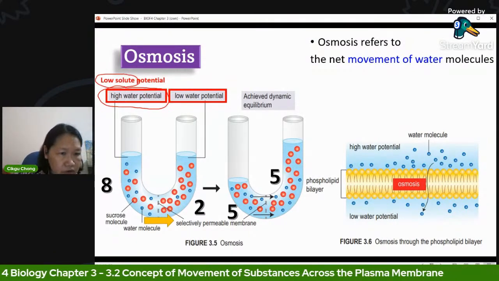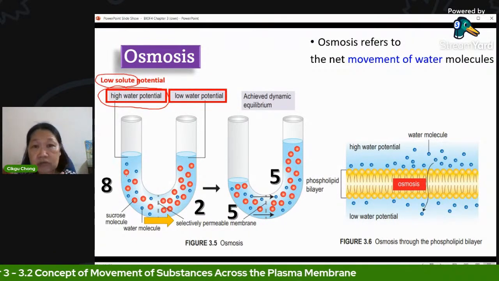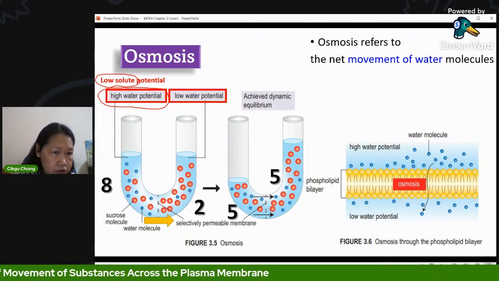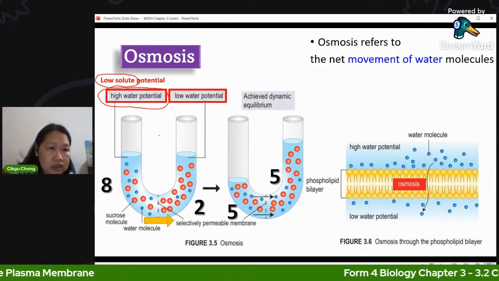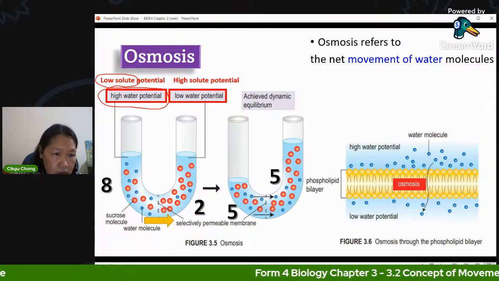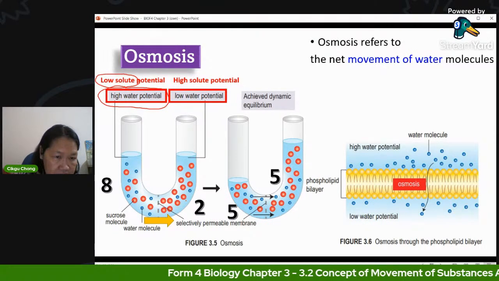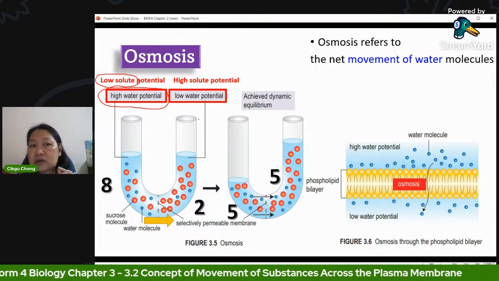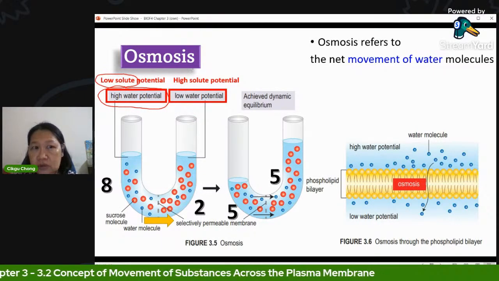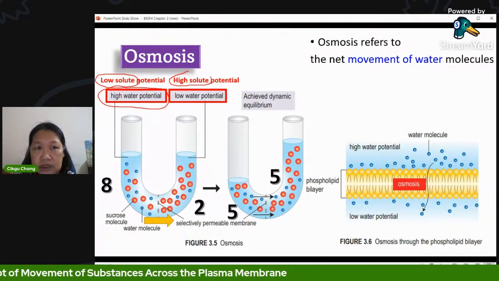I only have one type, the red one. Let's count the sucrose molecules: 1, 2, 3, 4, 5, 6. I've got 6 sucrose molecules on the left. But on the right-hand side, 1, 2, 3, 4, 5, 6, 7, 8, 9, 10, 11, 12, 13 sucrose molecules. So this is higher solute concentration.